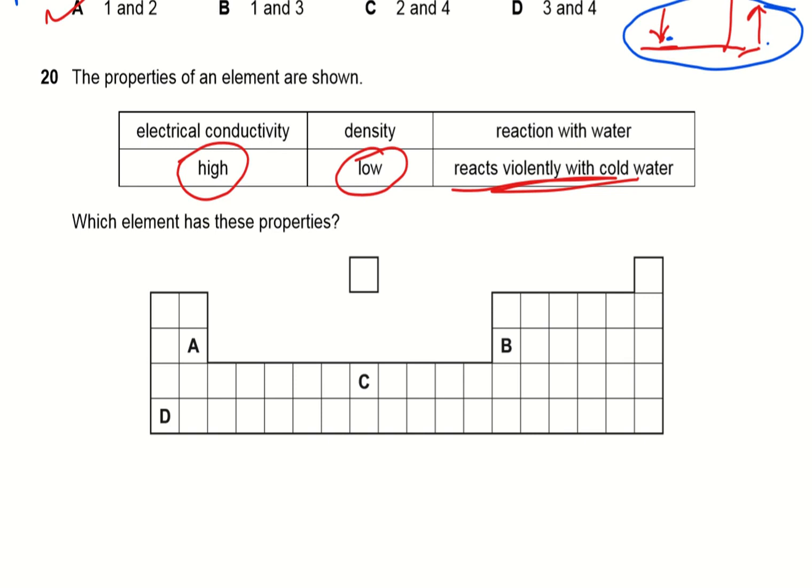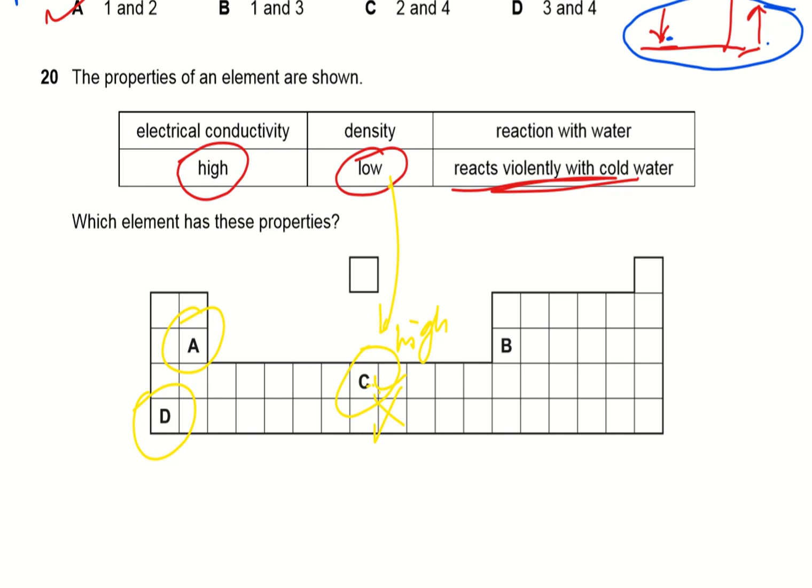So we are initially suspecting these, because they are the metals here. But this is a transition metal. Transition metals have high density. So this can fit it. So C is wrong.